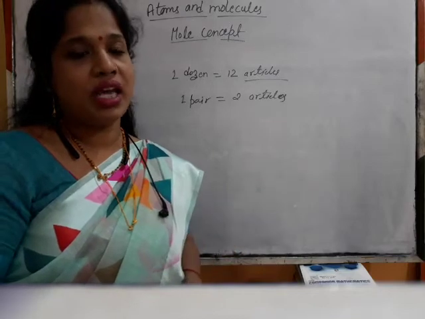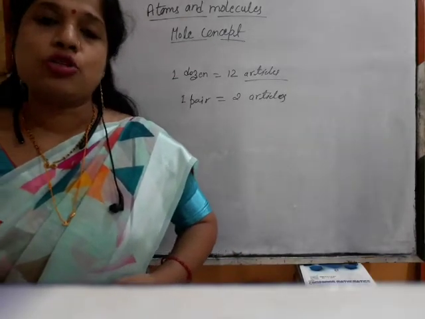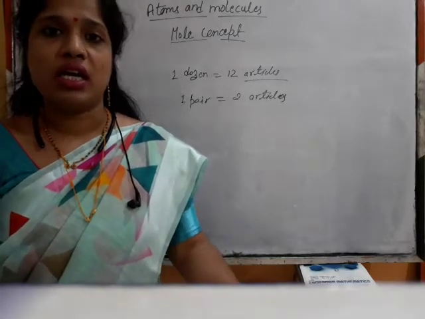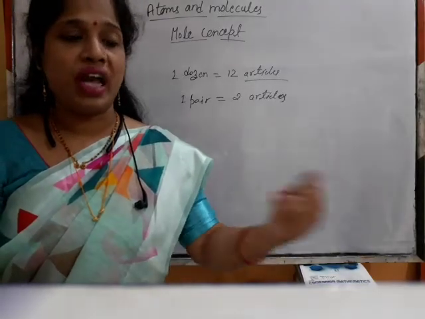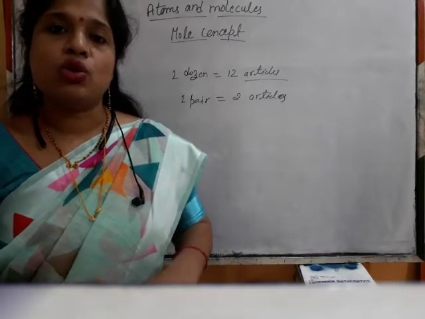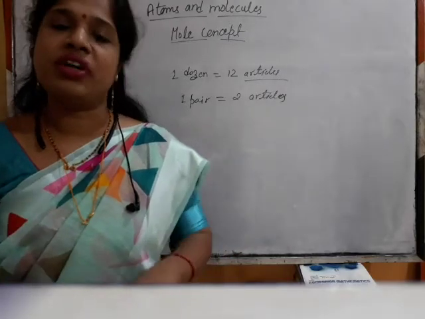Whenever I say one pair, there will be 2 articles. In a similar way, if we go to the market to buy certain things, one bottle 1200 ml of oil, 1 kg of rice, these are the standard units to measure different things.